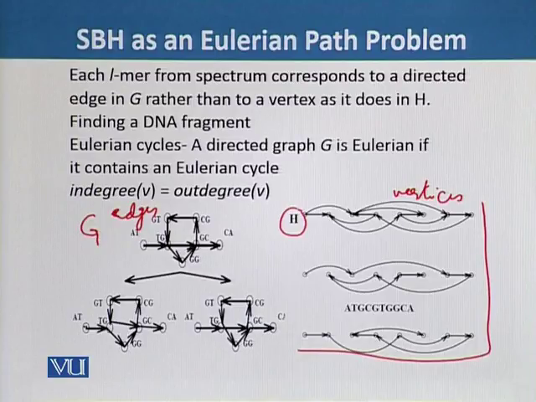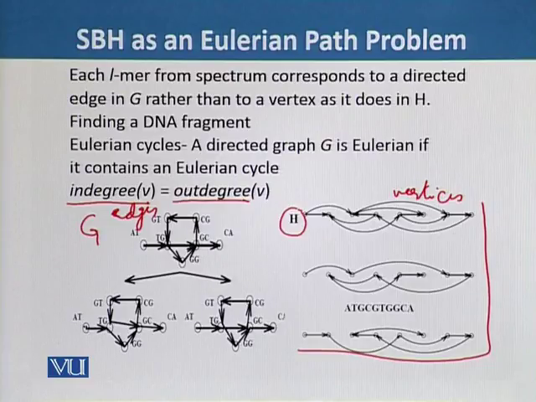A directed graph G is Eulerian if it contains an Eulerian cycle, and a vertex V in the graph is balanced if the number of edges entering V equals the number of edges leaving V. That is, if the in-degree of V is equal to the out-degree of V. So for any given vertex V in an Eulerian graph, the number of times the Eulerian cycle enters V is exactly the same as the number of times it leaves.